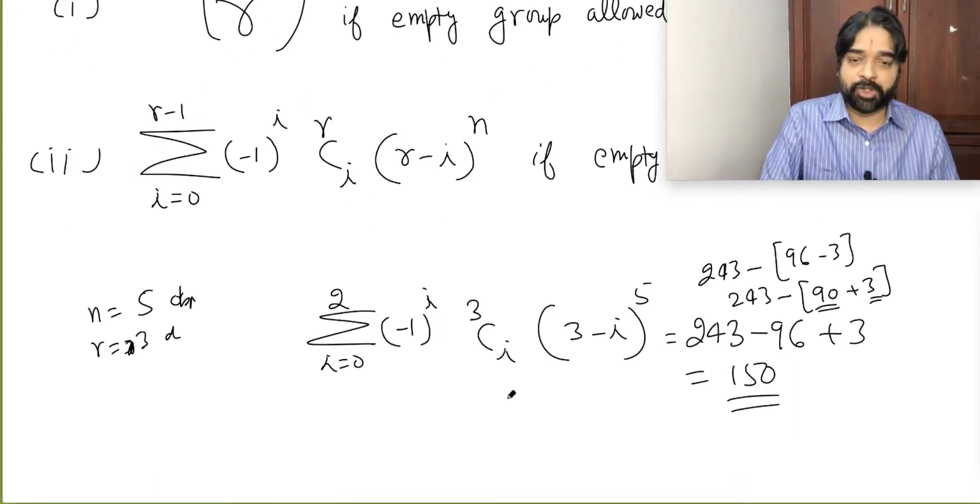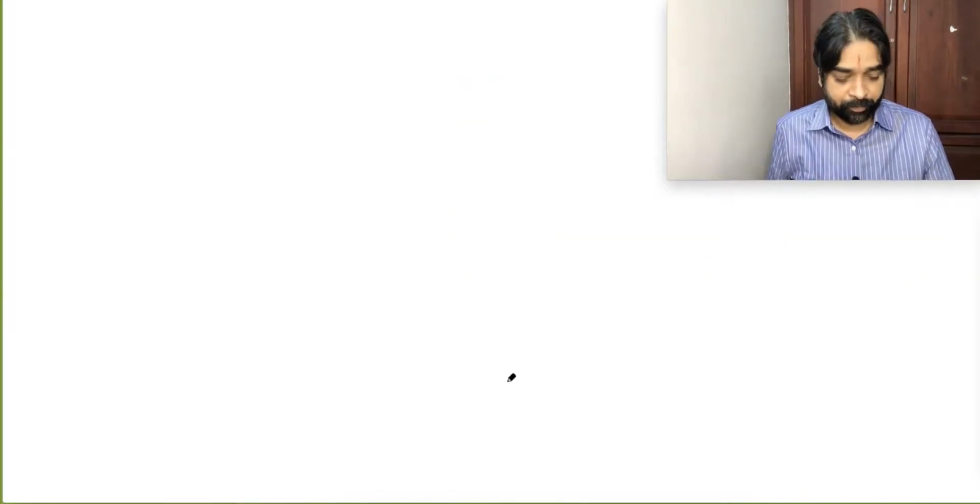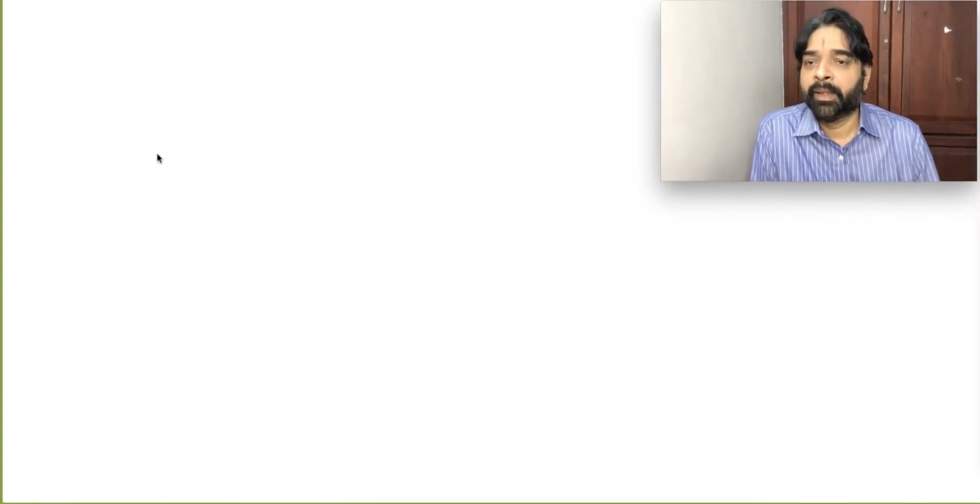Let's practice some questions. Write it. One minute, give me time. I will not dictate the question, otherwise it will take time. I'll just explain the question, you have to answer me.